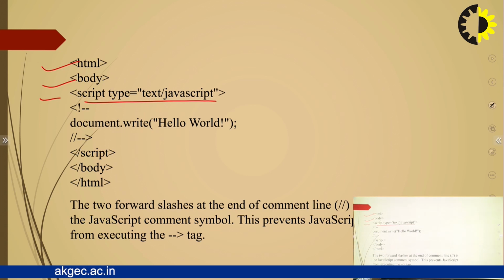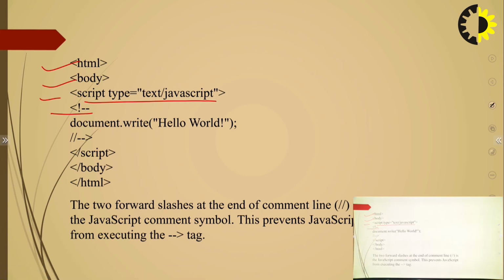The script should be written in JavaScript. Here is the starting comment where JavaScript will be used, and the closing comment where JavaScript will be closed. Then the script will be closed here, then close the body, then HTML.